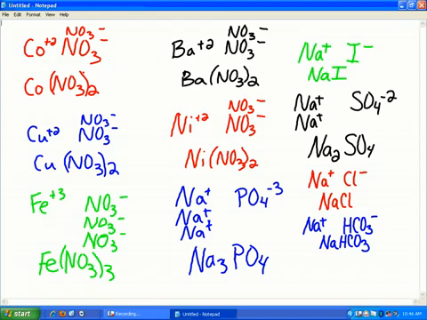Running out of room here, we have 2 more. We had sodium was the +1. Carbonate, not bicarbonate like the previous example, is CO3. And that has a -2 charge.